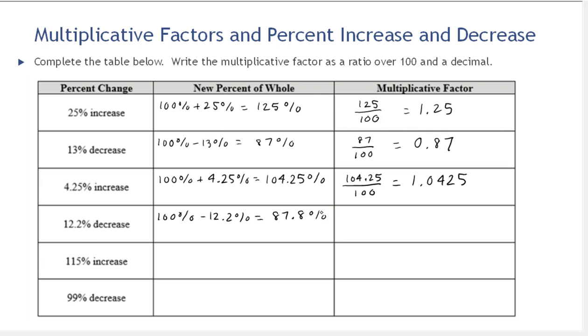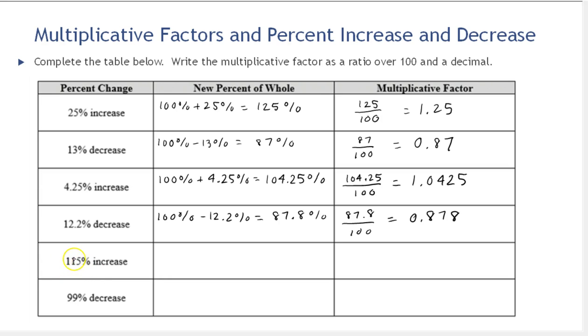So if some amount is decreased by 12.2%, the new amount is 87.8% of the original amount. As a fraction, this is 87.8 over 100. And as a decimal, dividing by 100 moves the decimal 2 places to the left, which is 0.878.